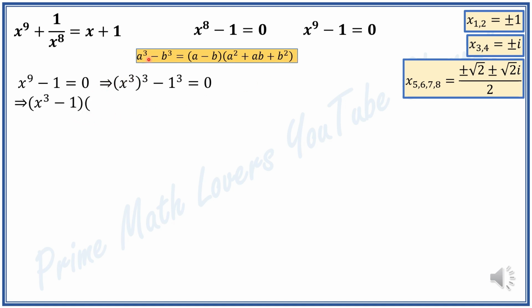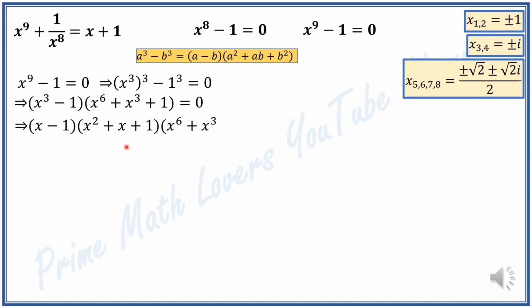So in our equation, a is x cubed and b is 1. So it will be x cubed minus 1 times x to the power of 6 plus x cubed plus 1 is equal to 0. Again, I apply this identity to the factor x cubed minus 1, and I'll get x minus 1 times x squared plus x plus 1 times x to the power of 6 plus x cubed plus 1 is equal to 0.